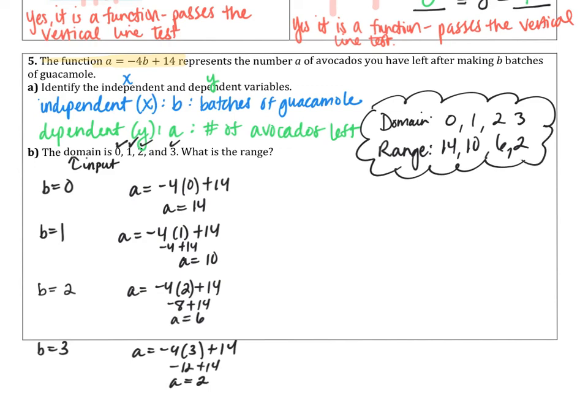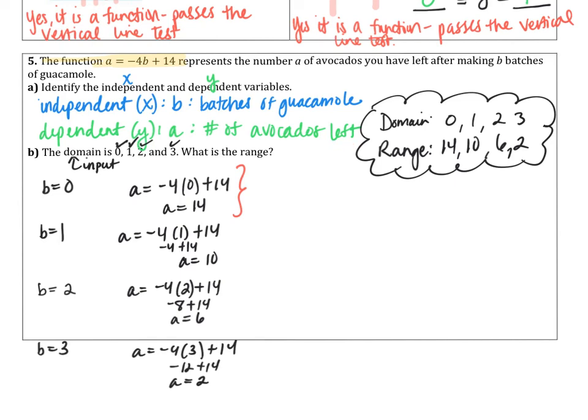Let's very quickly interpret these. What does this mean in context? If B equals 0 and A equals 14, what does that mean to me? B is the batches of guacamole and A is the number of avocados left.